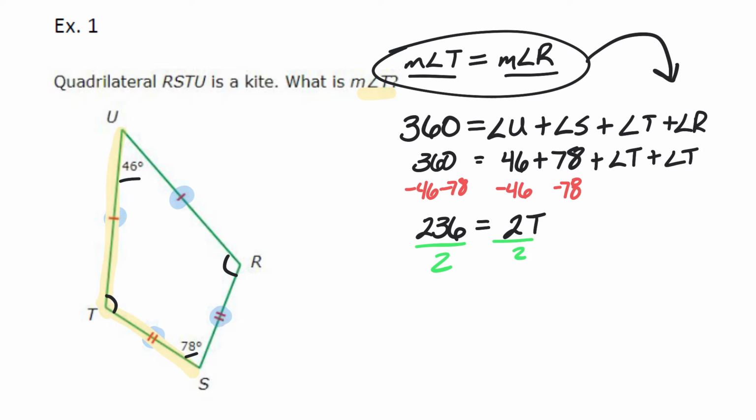And then we have the angle measurement for angle T: 118 degrees. Now, as always, in geometry, always pay attention that you answered the question that was asked, and the question was, what is the measure of angle T? So angle T has an angle measurement of 118 degrees.